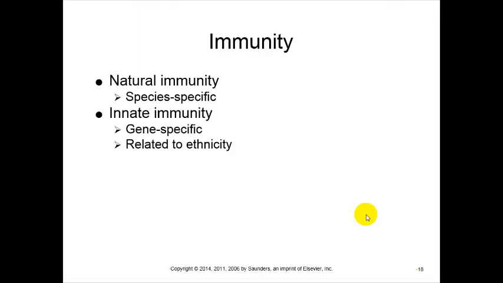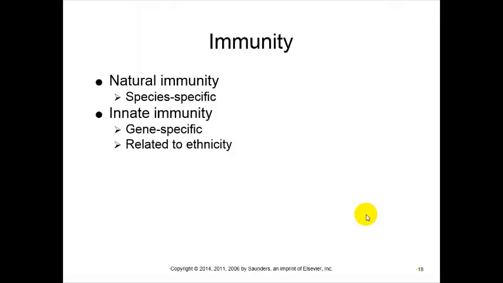So it's species specific, preventing some type of microorganism from attacking our species in particular. So we don't get the same diseases cats get, or the same diseases dogs get. So it's called a natural immunity. Okay, so we just have a natural immunity to that.